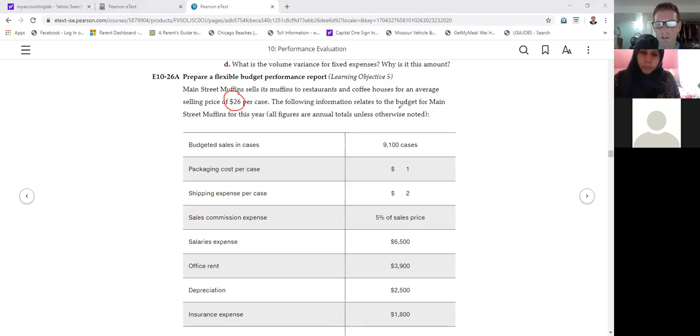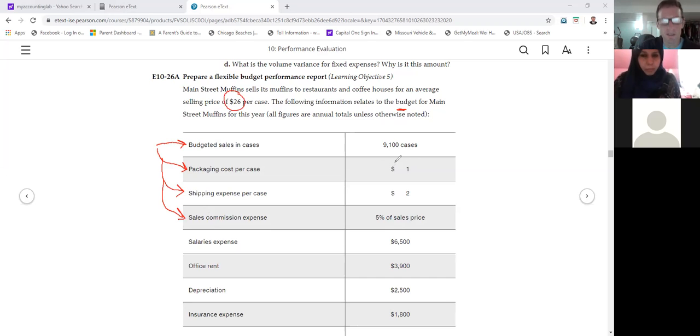So like I tell you in class, you've got to watch out for how they separate the data. So everything they're giving you right here, notice, budgeted sales, that's a budget. Packaging cost per case, shipping expense per case, sales commissions expense, all right? So here's the deal.